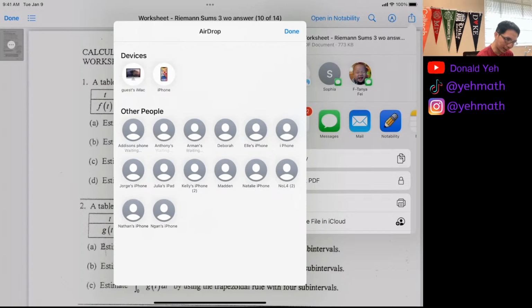Armin, Anthony, Edison, Jorge, Julia, Cowley. Who's Cowley? No idea. Matten, Natalia, okay. Trent, Nancy. Oh, Cowley, sorry. She actually did. Al, Deborah. Sorry, I'm really bad with names. By next year, when you come back to see me, I'll be like, who the hell are you?